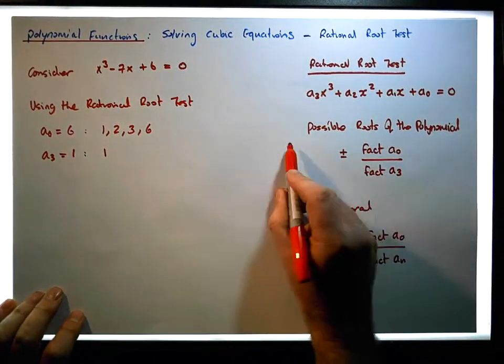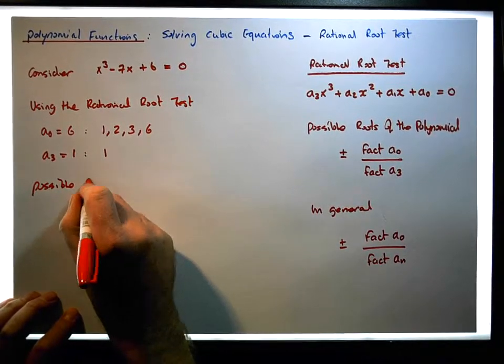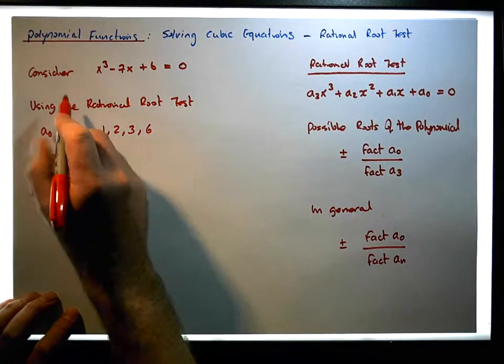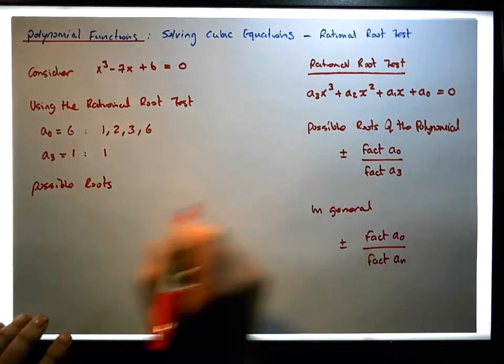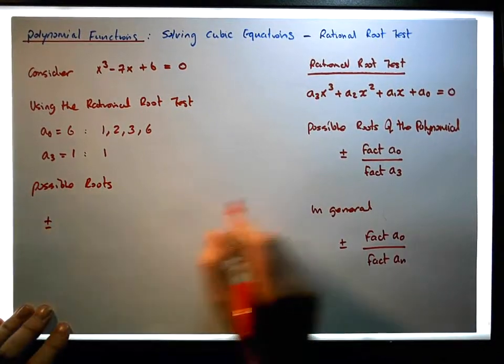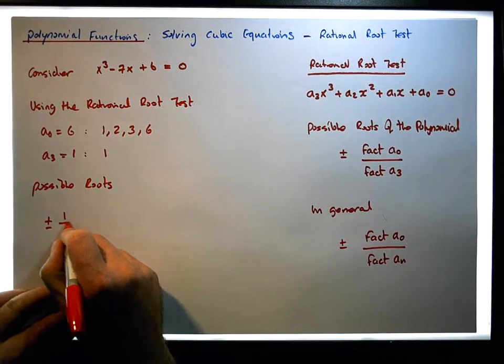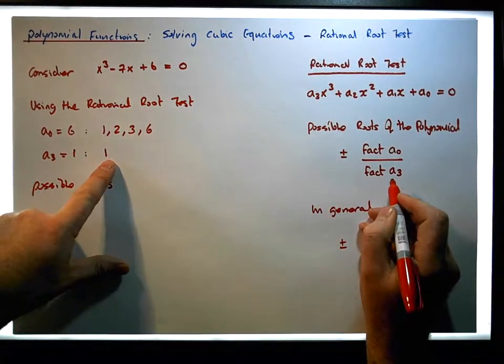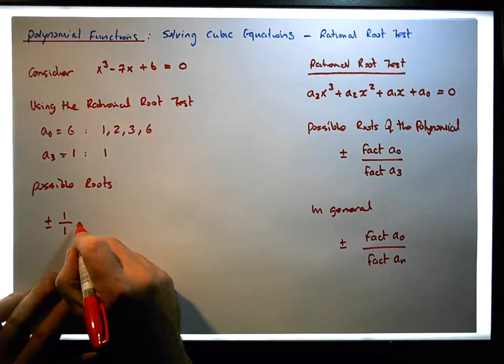So all the possible roots of this polynomial are all the possible combinations. They're plus or minus the first factor of a0, which is 1, divided by the factors of a3. There's only one factor of a3 here, which is 1, so it's basically plus or minus 1.